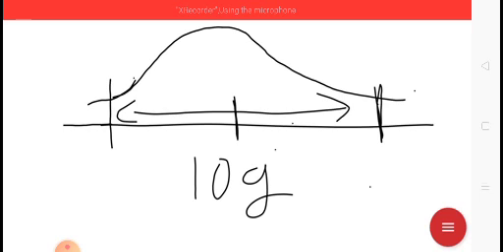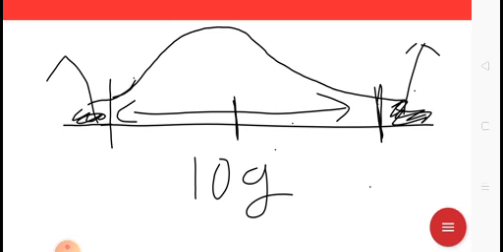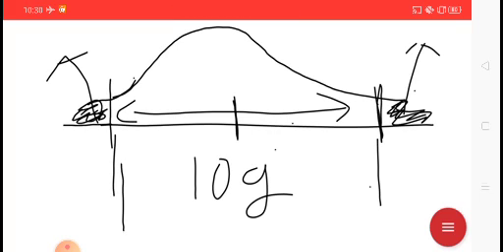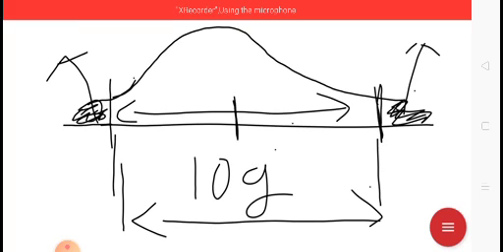This area and this area you will reject the sample. So from here to here, we call the confidence interval. We are confident that our products will be in this interval.